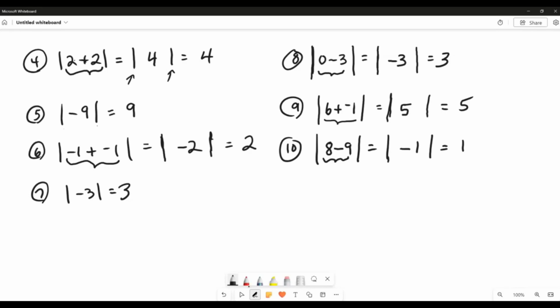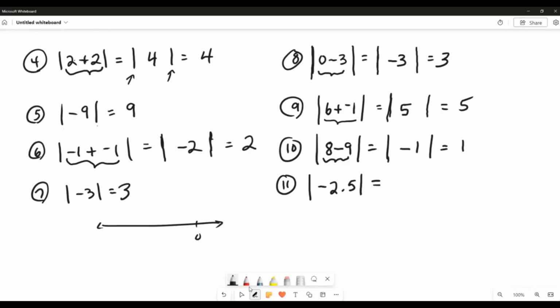Okay. Number 11. Number 11 is a decimal, -2.5. Well, it doesn't matter if it's a decimal or a fraction or a mixed number or whatever. We're still dealing with a number line.